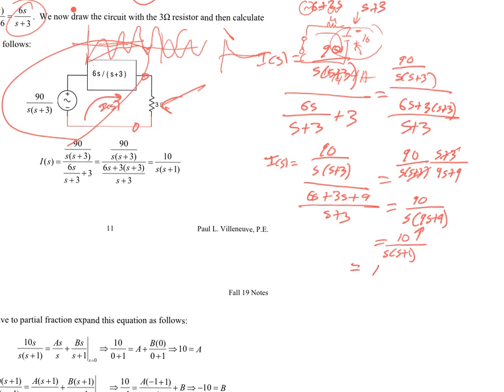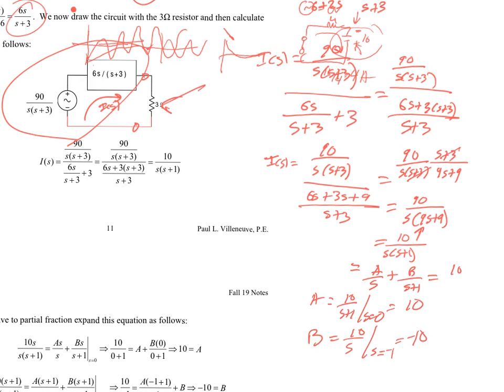So this is going to be equal to A over s plus B over s plus 1. If I'm doing this too quickly to show you how to get A and B, let me know. So A is going to be equal to 10 over s plus 1, evaluated at s equals 0, which is 10. And B is going to be equal to 10 over s, evaluated at s equals minus 1, which means it's minus 10.